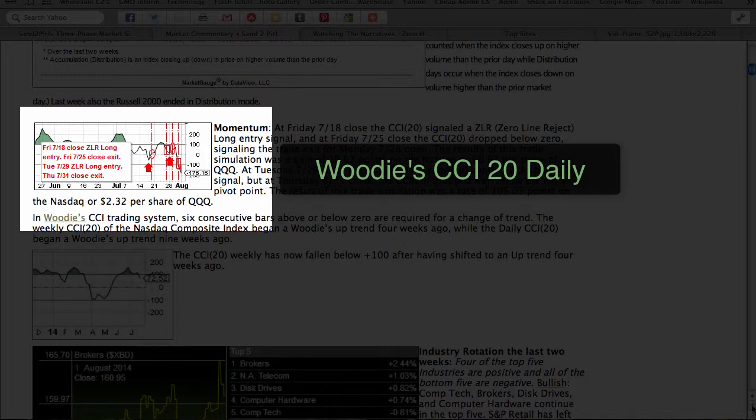At Tuesday, 7/29 close, the CCI 20 daily provided another zero-line reject long entry signal, but at Thursday, 7/31 close, the CCI 20 dropped well below the entry pivot point. The result of this trade simulation was a loss of 105.5 points on the Nasdaq, or 2.32 per share of QQQ.